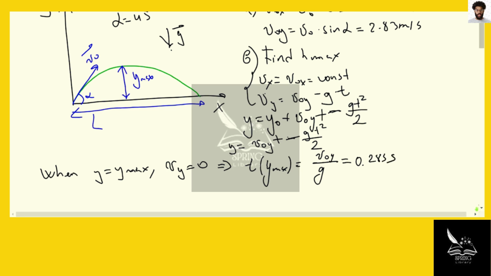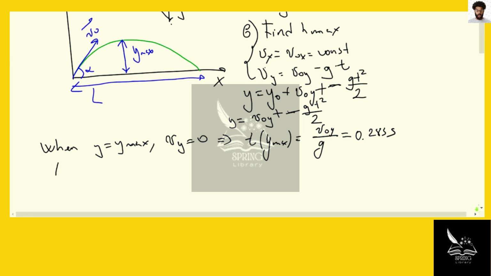And we have to keep in mind that the total time of flight equals double the time of reaching the maximum height. So total time of flight equals the following.